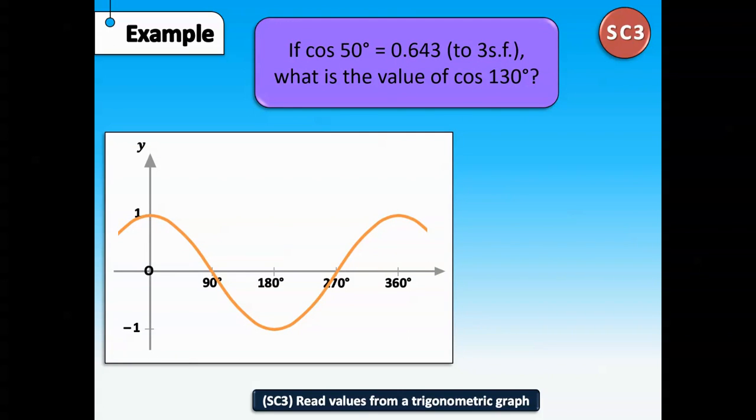If cos 50 is 0.643, what is the value of cos 130? Again, if we have a look at those points on the graph, there's 50 and there's 130. We can see that cos 130 is exactly the same as cos 50, but negative.